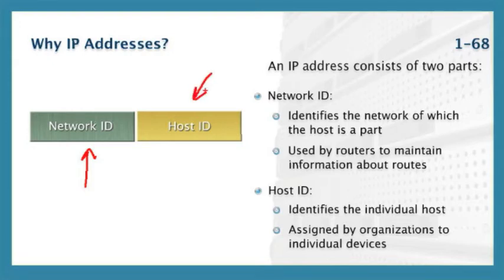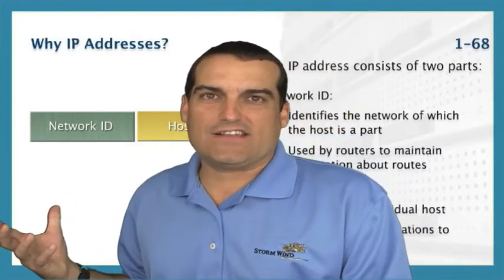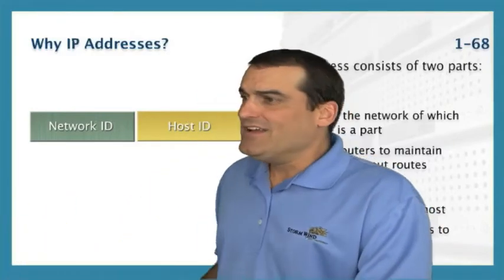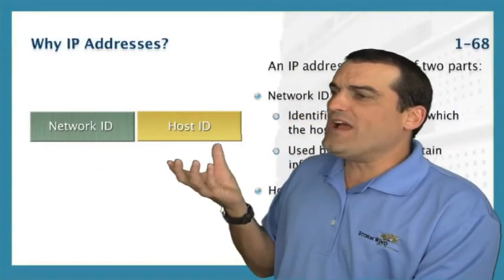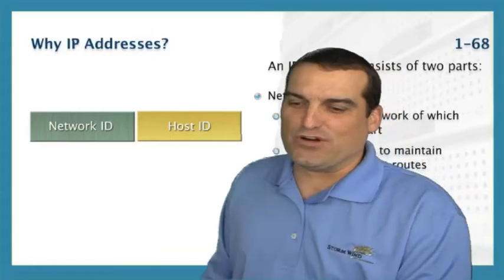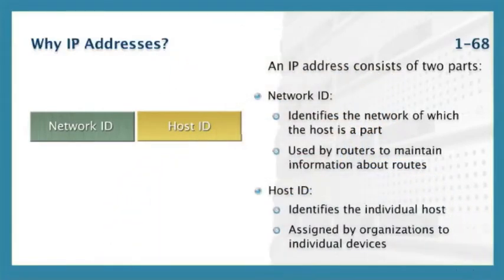Now, a very, very simple analogy here is your street address. Yeah, you have a street that you live on, and then you have a house number. I was born on Jones Street. No kidding.